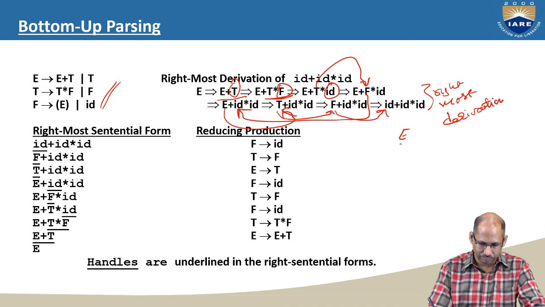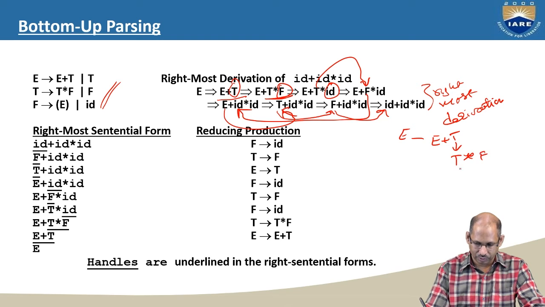E gives E plus T. T as T into F. Right? Then F gives id, so E plus T into id. Then once again T as F, then this as id: E plus id into id.